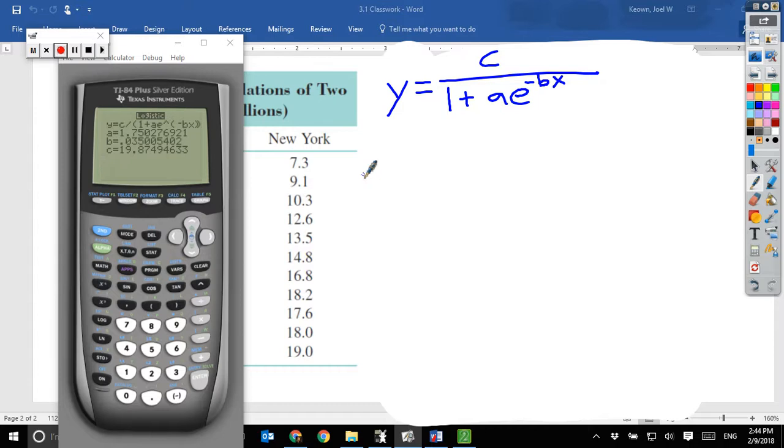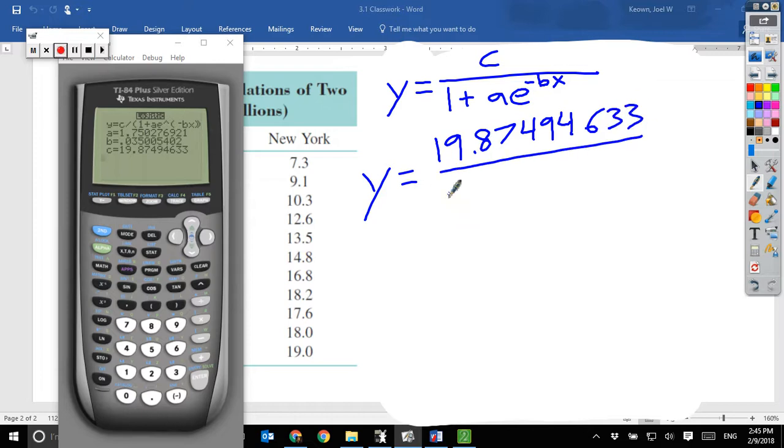So that means my equation is y equals 19.87494633 over 1 plus 1.75027 e to the negative 0.035x.